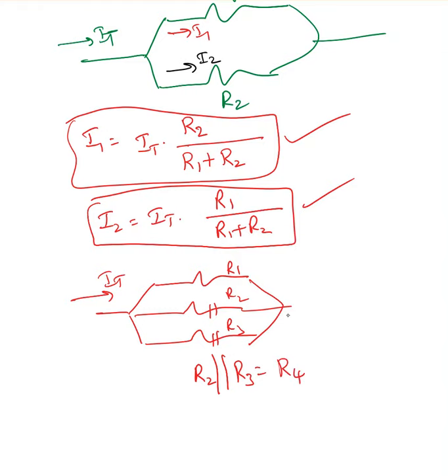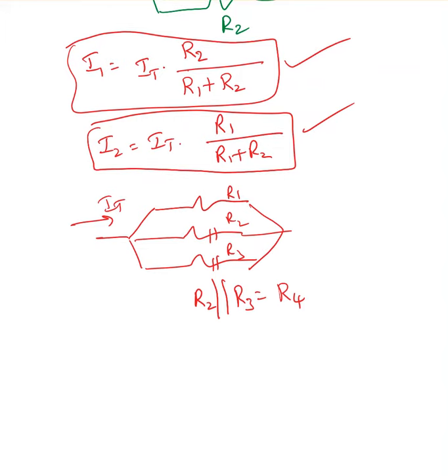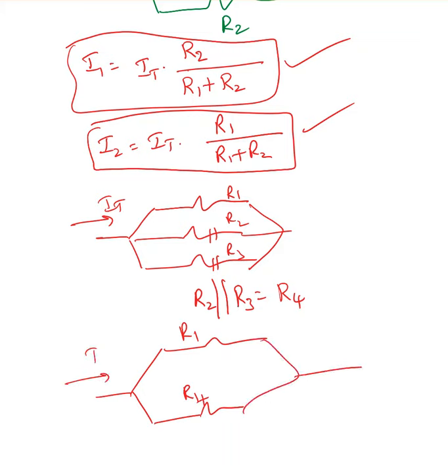Now I have R1 and here is my R4. My R4 is a combination of R2 and R3. I know I total. Based on this, I can find I1 equal to total current multiplied by opposite resistance over total resistance, R1 plus R4. Based on this, I can find the current passing through R1.